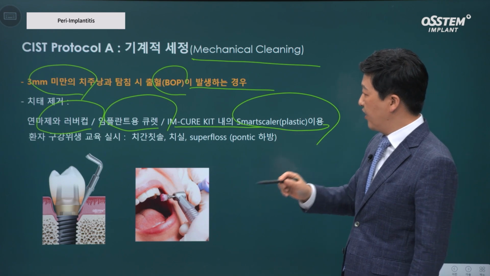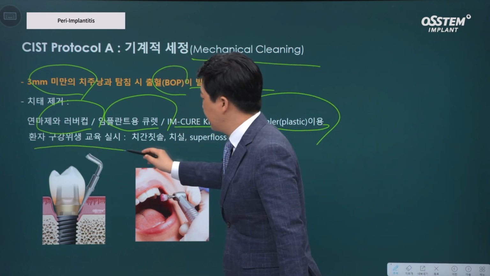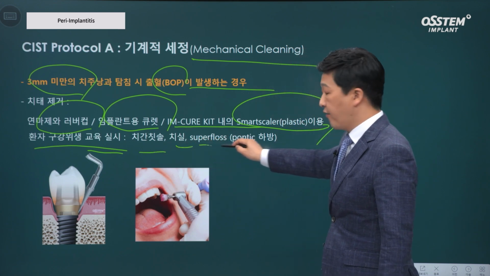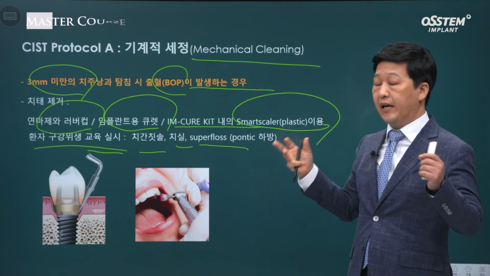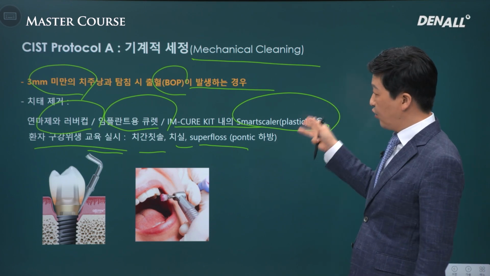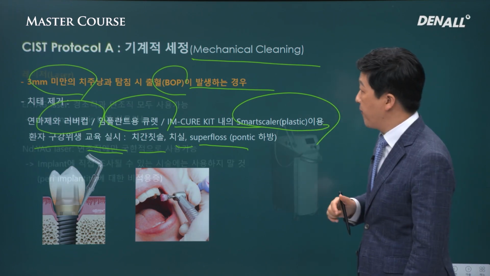More important than anything else, we need to train the patient in the importance of oral hygiene. Use of interdental brush, floss, superfloss, and water pick is explained to the patient. We need to recommend it actively.